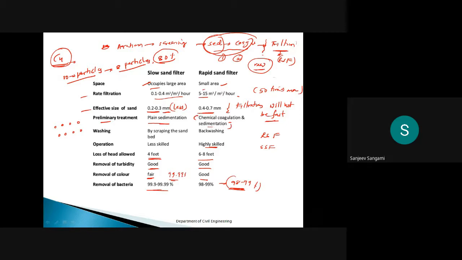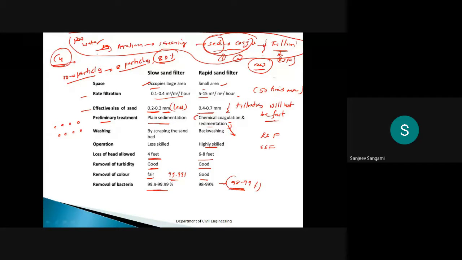Because without preliminary treatment, suppose you send the water directly to a filtration process. We have discussed some of the mechanisms like aeration, screening, sedimentation, coagulation, and filtration. Assume this is the raw water, and this is the main mechanism.